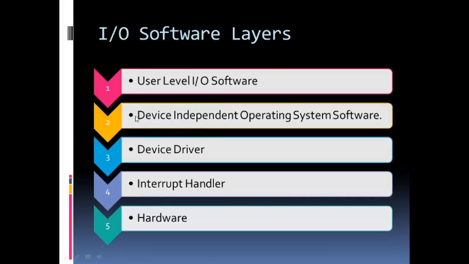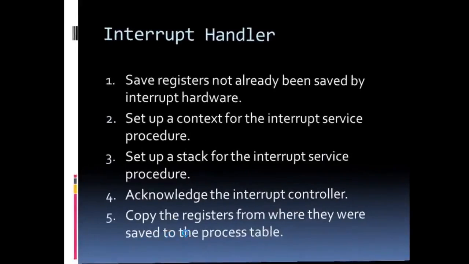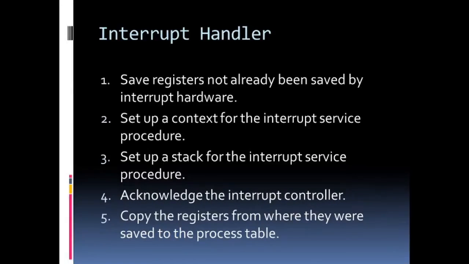Then below this we have the device independent operating system. This has a major role to handle and synchronize all the IOs. Below that is a device driver, followed by an interrupt handler, followed by the actual hardware of the corresponding input-output.